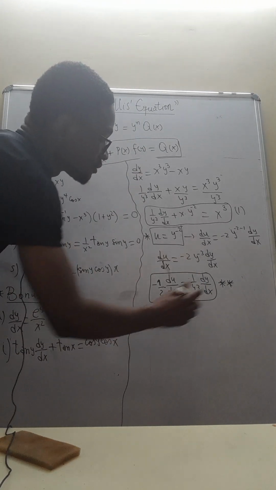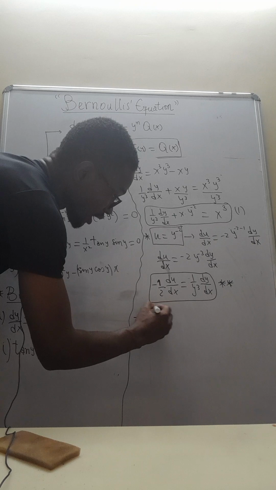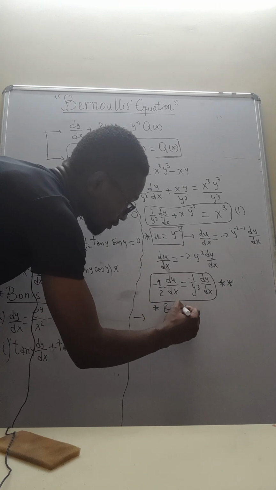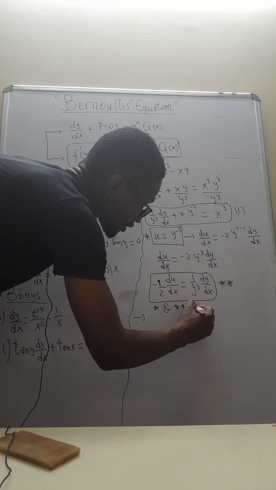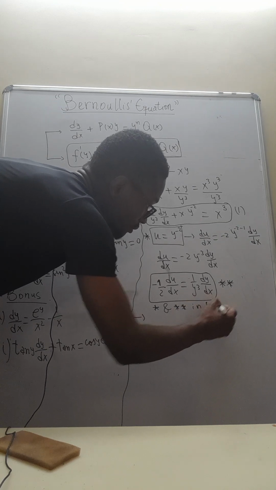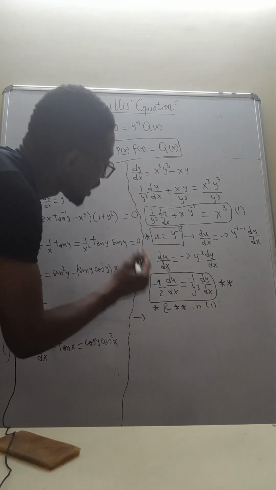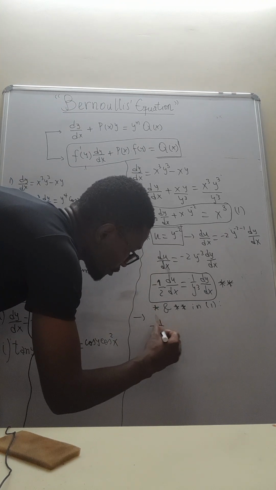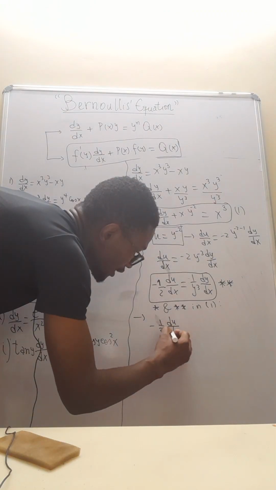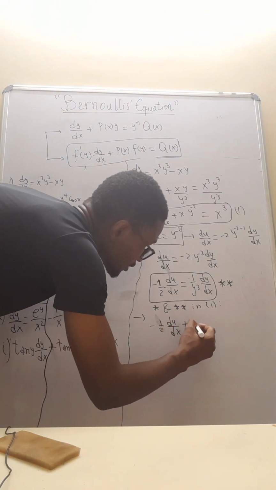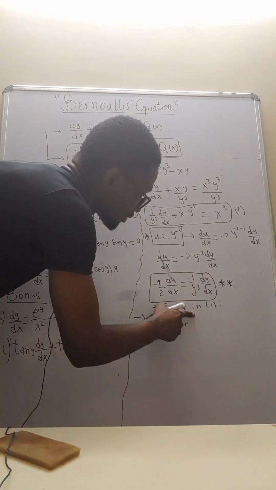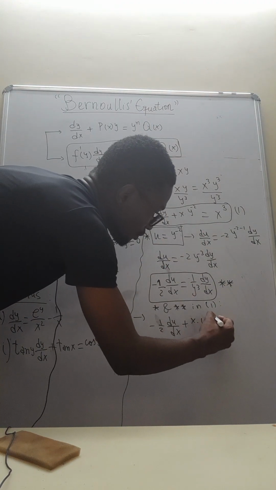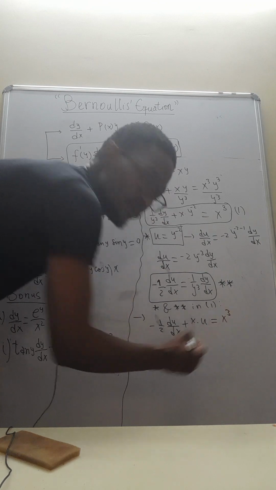If you substitute star and double star in equation 1, it will be minus 1 by 2 du by dx plus x times u equal to x cubed.